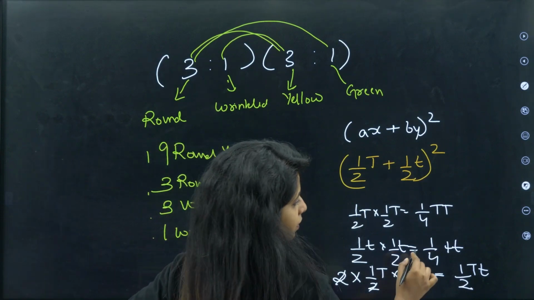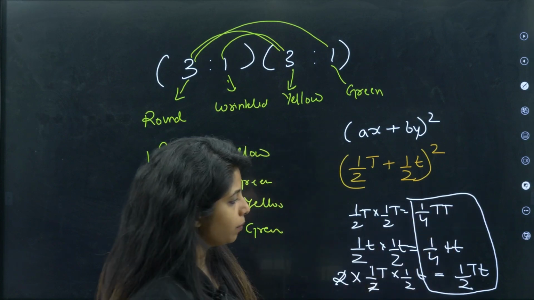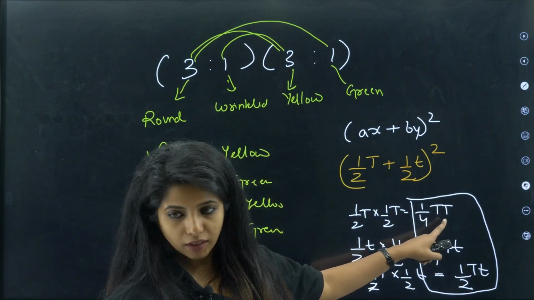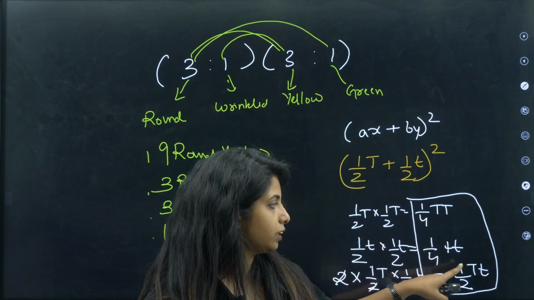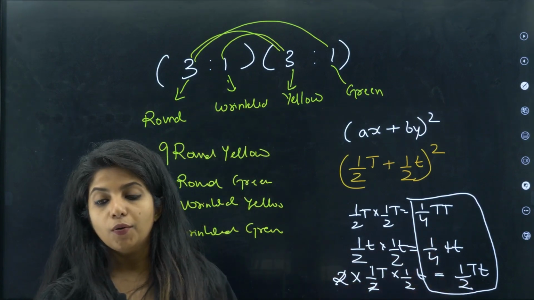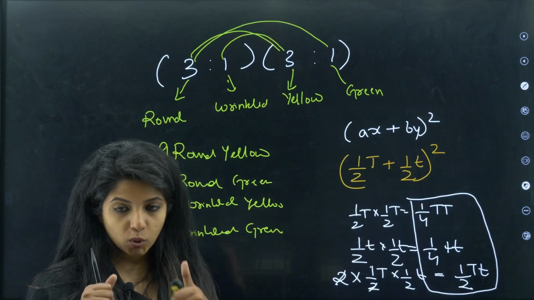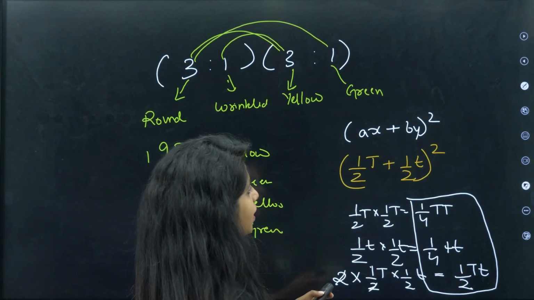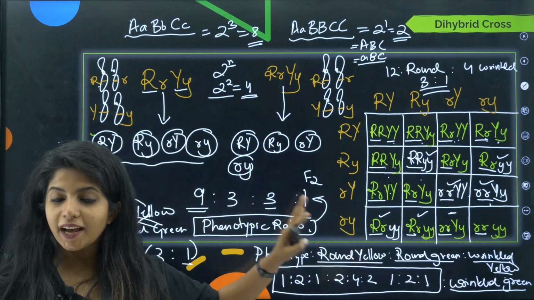Yes. So you got the whole thing like this. So 1/4 will be capital T, 1/4 will be what, children? Small t, and another half will be capital T, small t. Okay, got it?